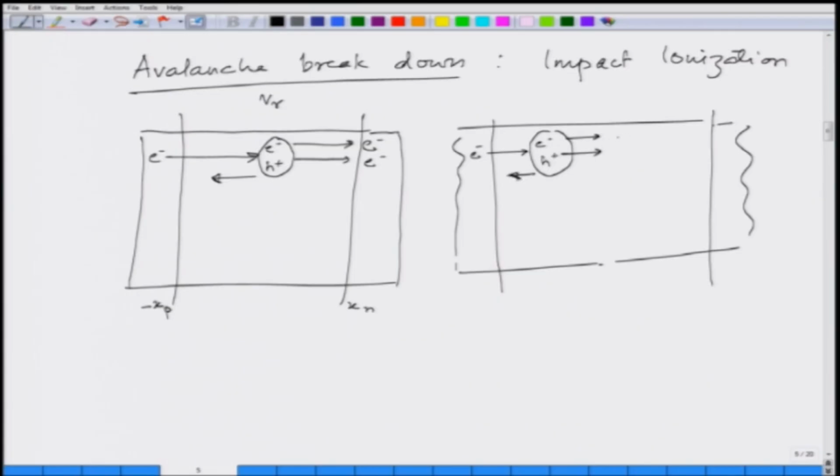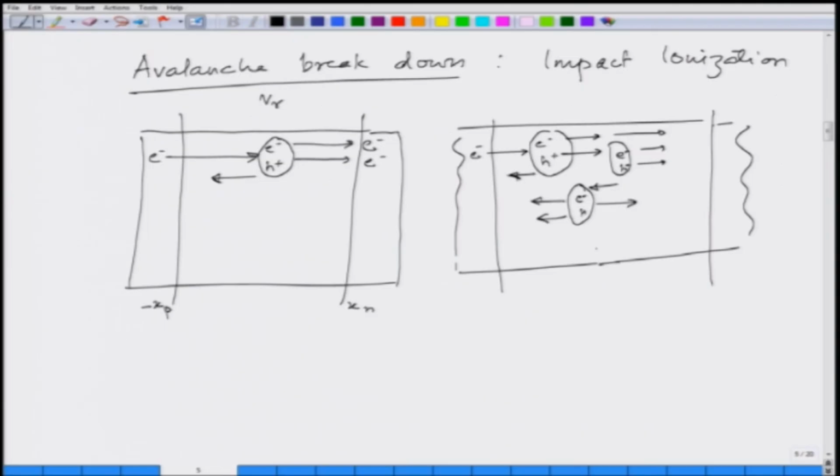This electron again creates another electron hole pair. So, now you have 1, 2, 3 going in this direction and a hole going back. This hole can get enough energy to create another electron and hole, and there will be 2 holes going in this direction and another electron going here. So, you can see why we call it the avalanche effect, starting from a single electron.